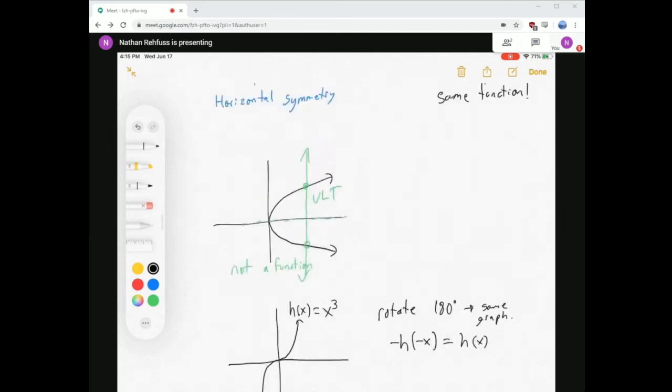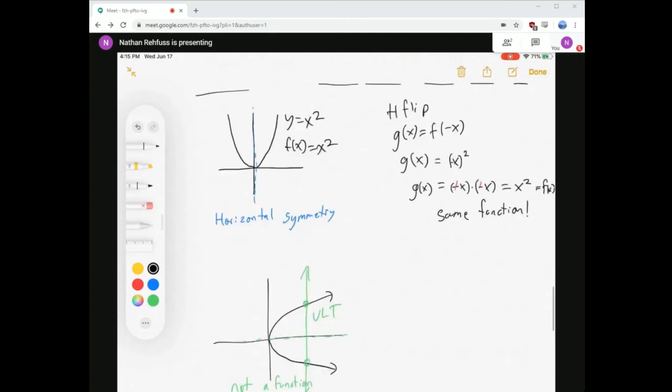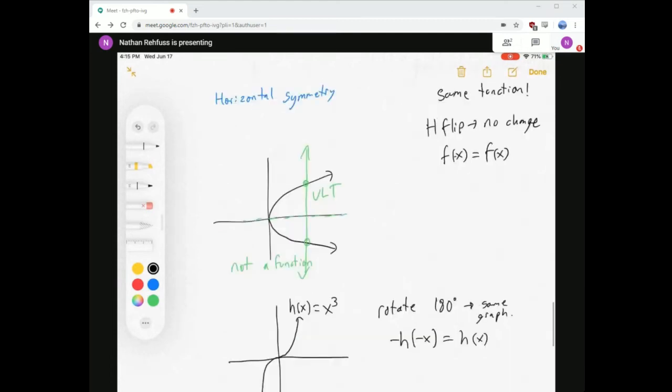Now up here, with the horizontal symmetry, the test for this one was if I did a horizontal flip, there was no change. So I'm saying f of negative x equals f of x. So I can combine these into one mega test.